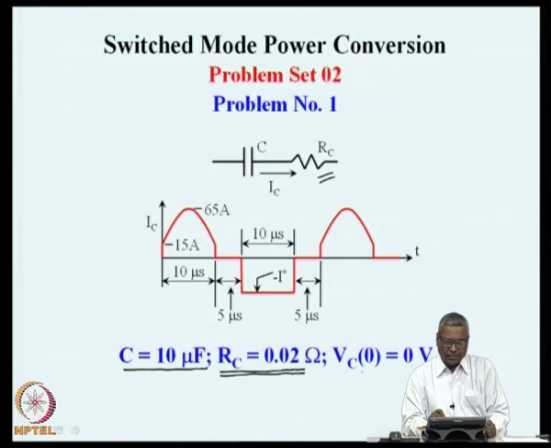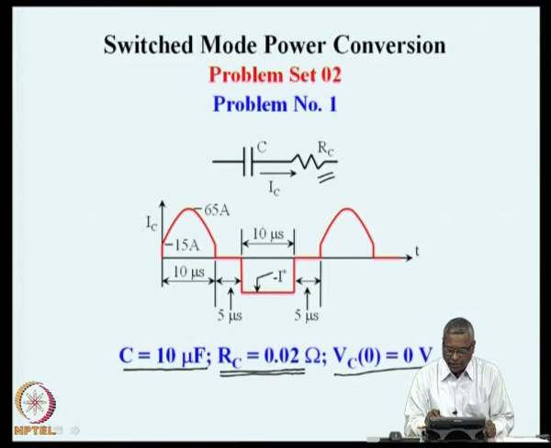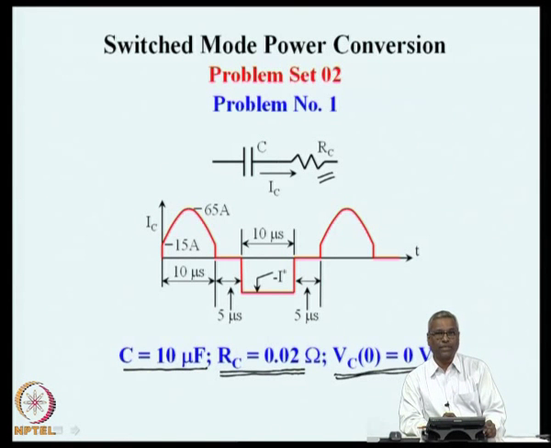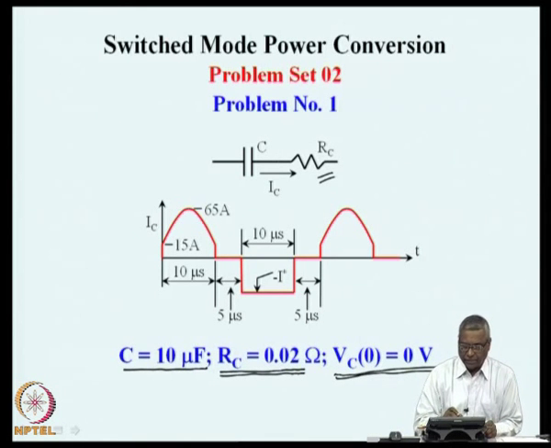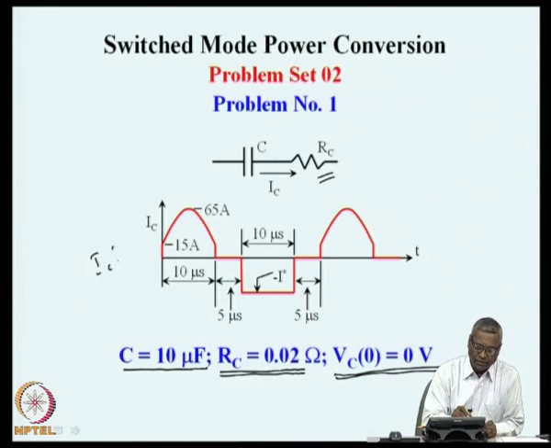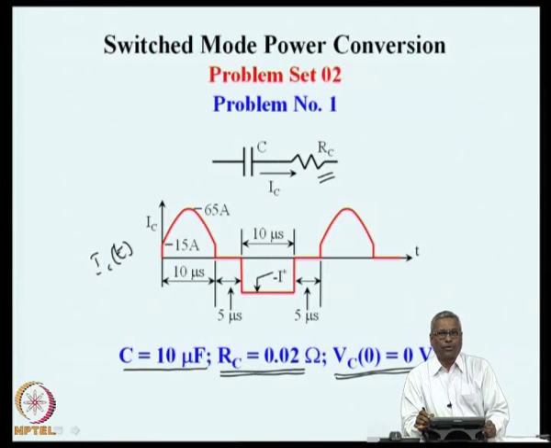This capacitor has at time t equal to 0 initially 0 voltage across its terminals. What you see here is the current waveform I C of t as a function of time.